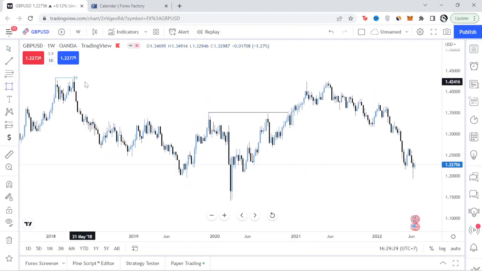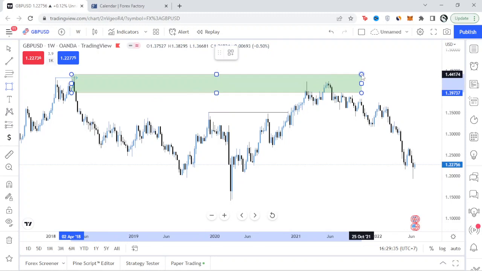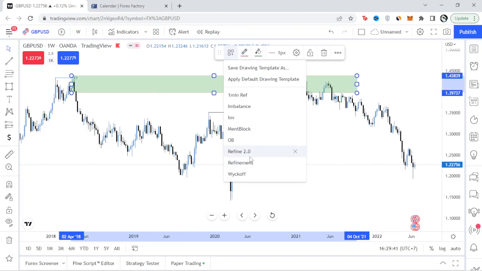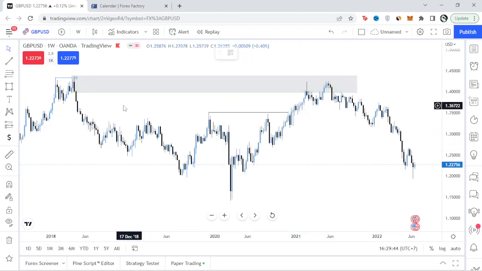So the zones here for me would be these consecutive candles, the two consecutive candles basically here, and it broke down.